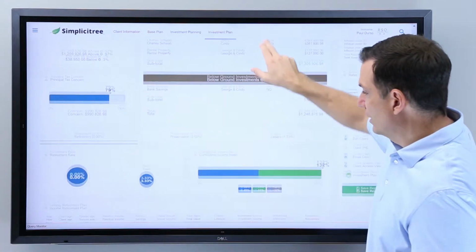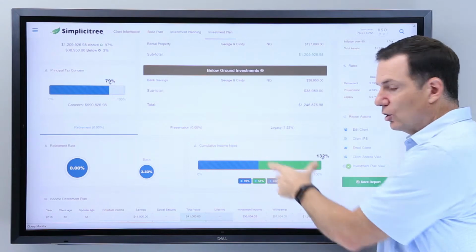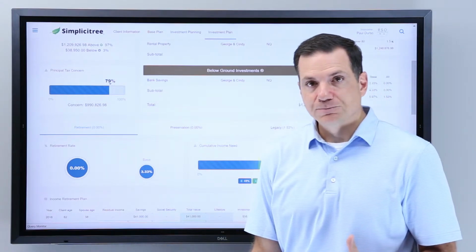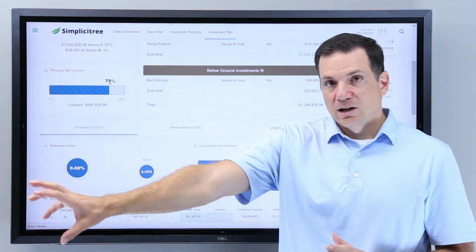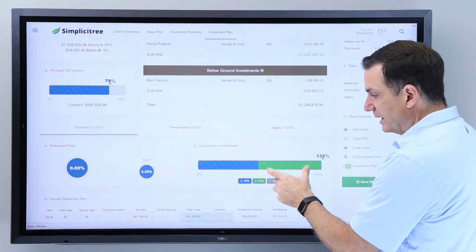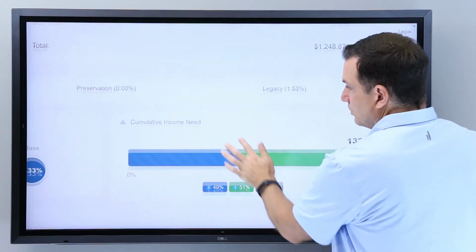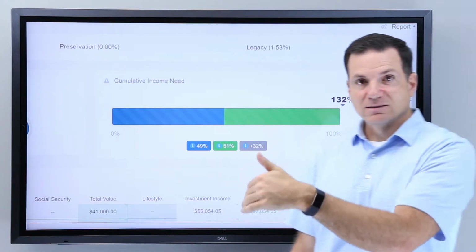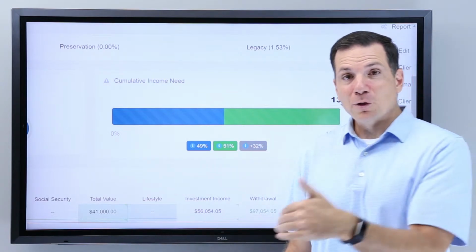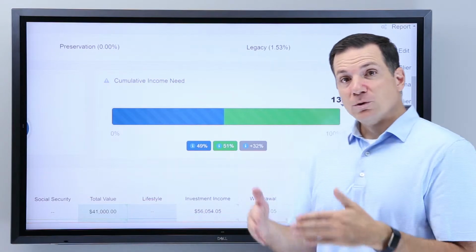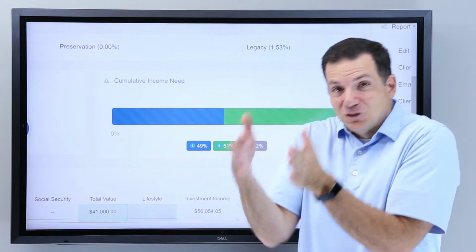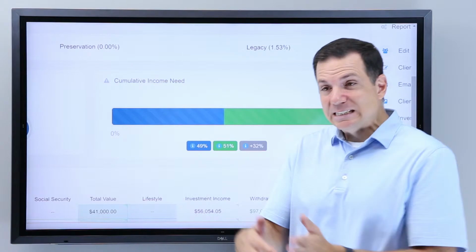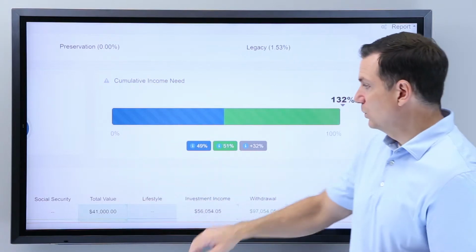What you're going to notice right away is that we solved for the cumulative income need. We generated enough revenue that not only did we account for their 51% income need, but we actually have an excess of 132%. So in their base plan, they had to generate 51%. They needed 3.3% to make it work.